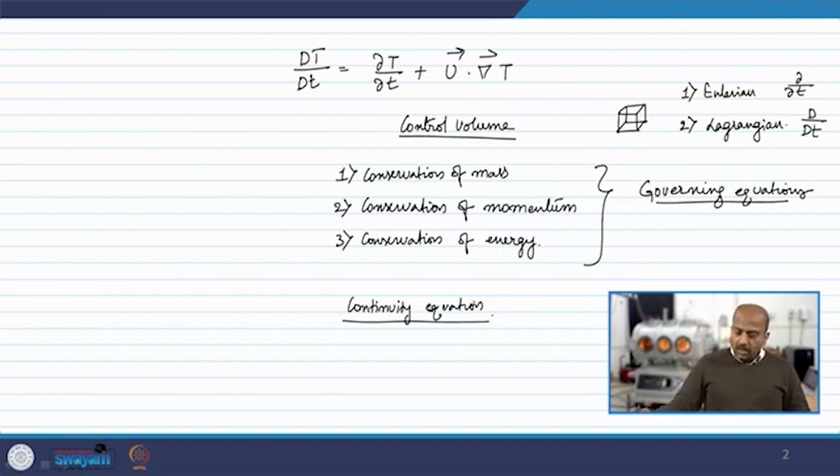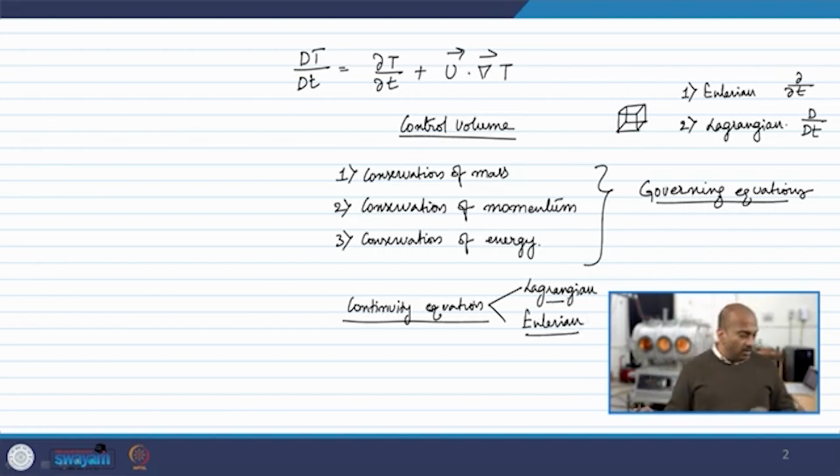So, this equation of continuity can be obtained for both the Lagrangian control volume as well as the Eulerian control volume. So, both of these control volumes can be taken independently and we can obtain the equation of continuity.